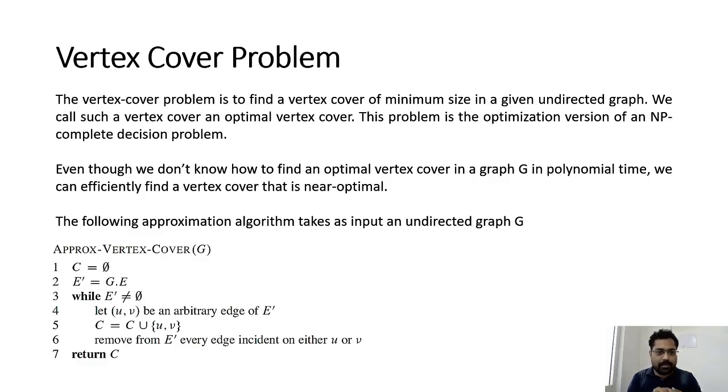Whenever we are working with the vertex cover problem, we are going to use the approximation algorithm. We know that whenever we are working with NP-complete problems, there are many difficulties.